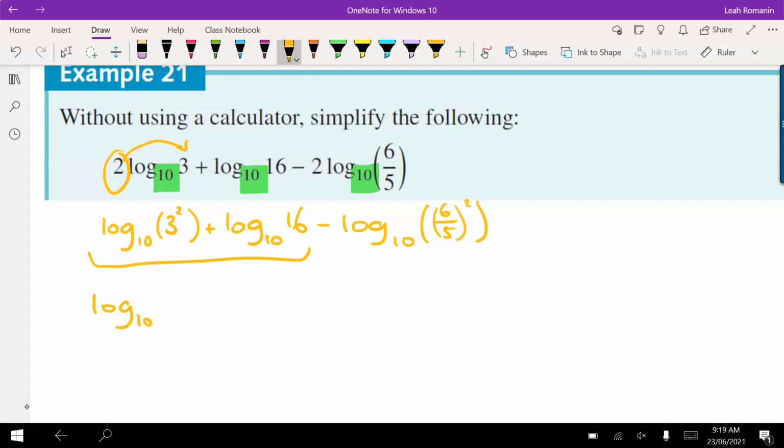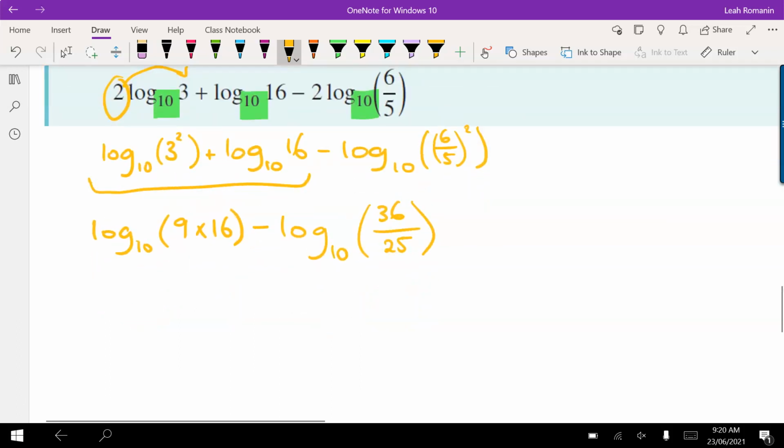So I keep that log 10, but what I'm multiplying is 3 squared is 9 times 16 minus log 10 of, I'm going to multiply that out, so 36 over 25. Remember, if I've got 6 over 5 squared, that squared goes to the top and the bottom number. That's from our index laws. That's where our 36 over 25 comes from.